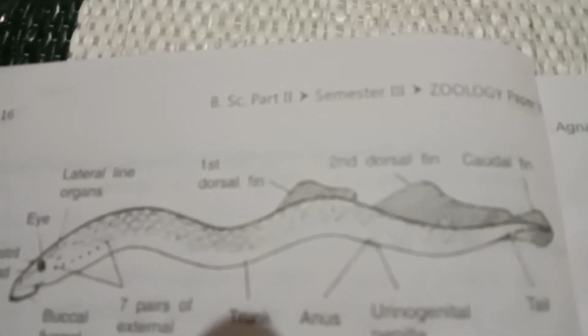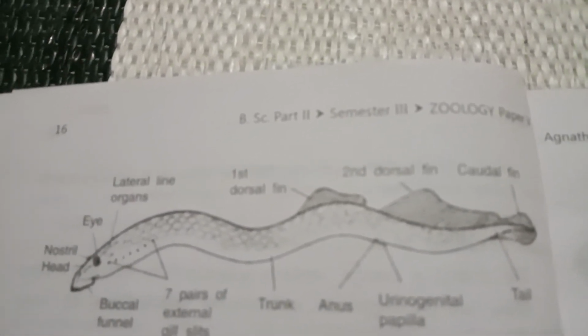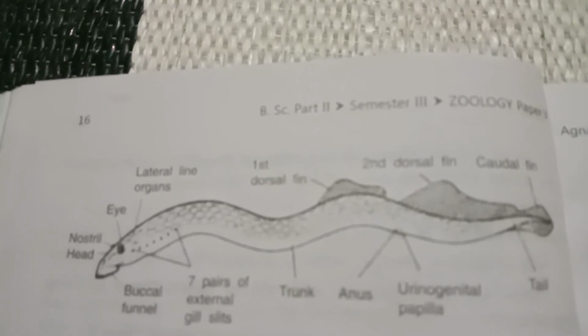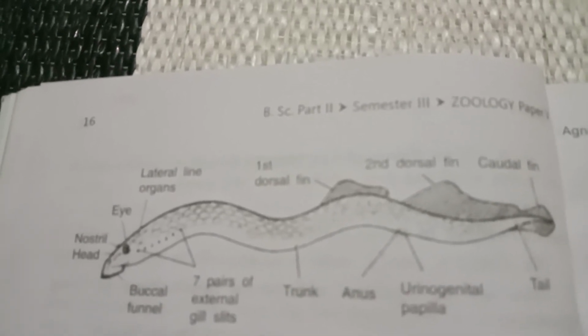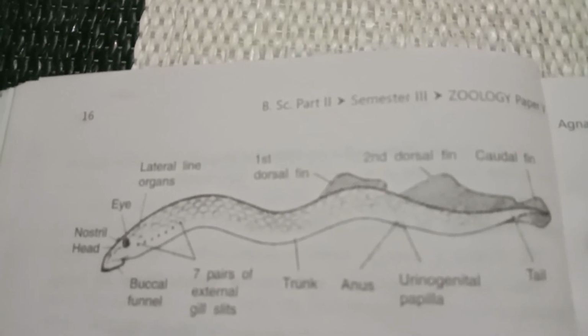First one is the dorsal fin. There are two dorsal fins, first dorsal fin and second dorsal fin. And posteriorly, there is a caudal fin. We can differentiate the head, trunk, and the anus.